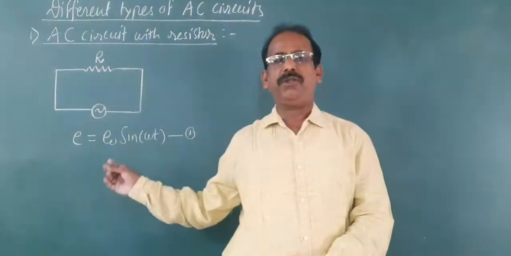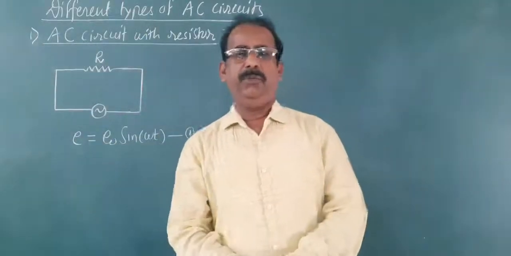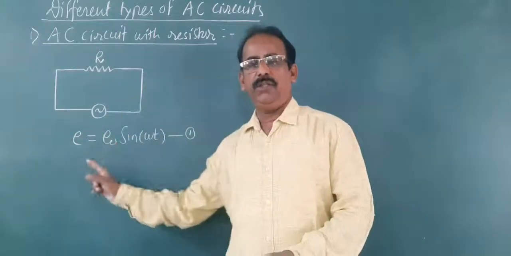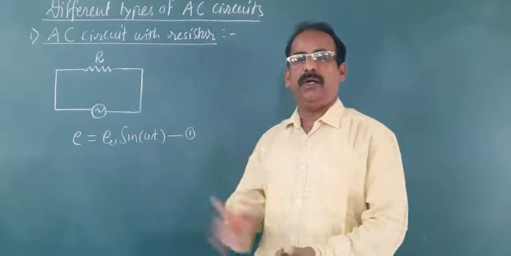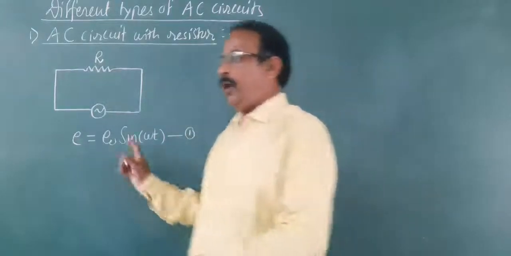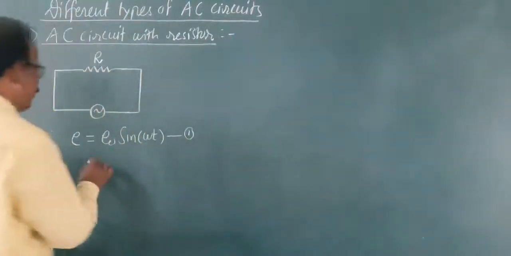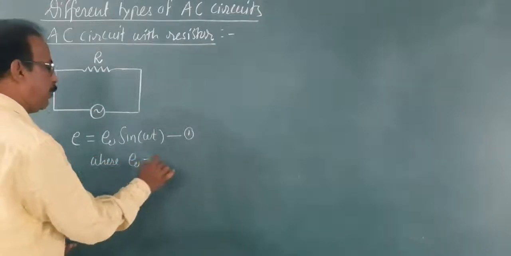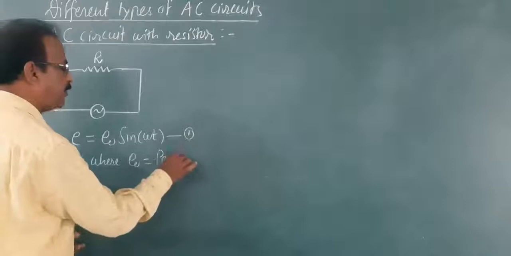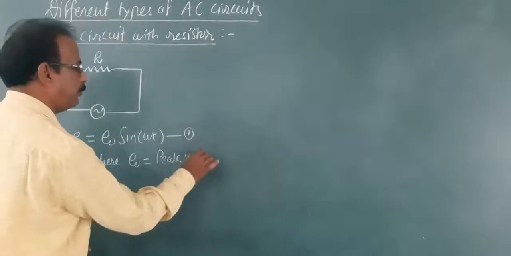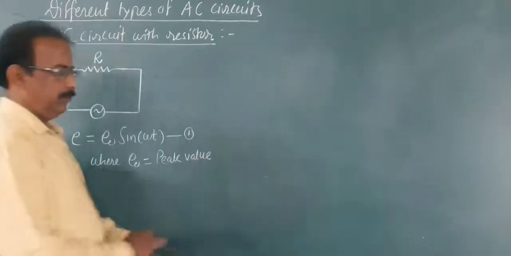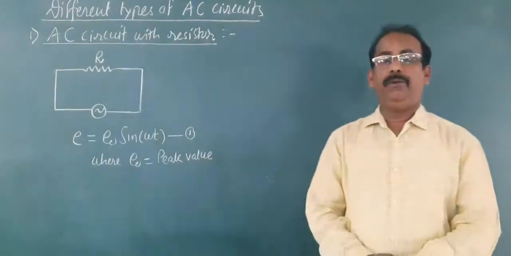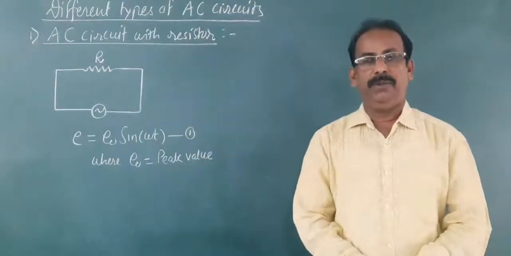This is the instantaneous value of EMF that we get from this source. Where E0 is called peak value of EMF. Peak value means maximum value of EMF.